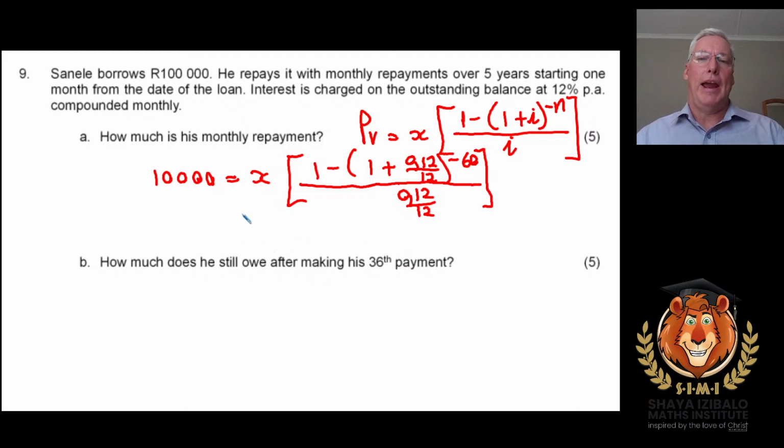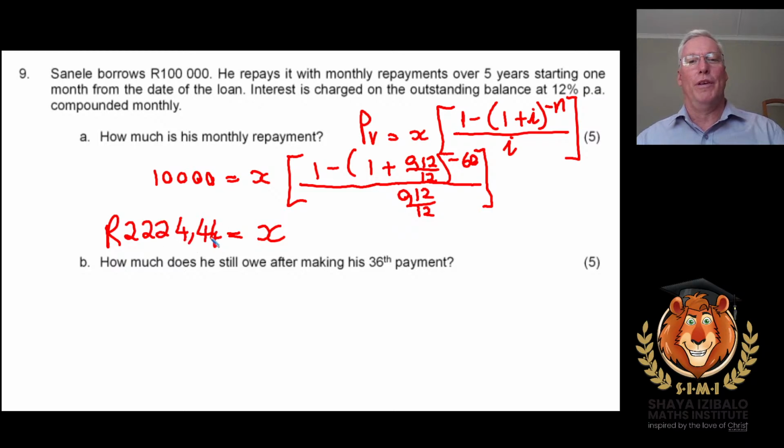To save time, I happen to know the answer to this question. It's one that I use quite often. Rounded off to the nearest cent, it's 2,222.44. That's his monthly repayment.